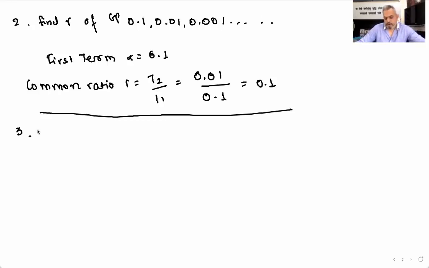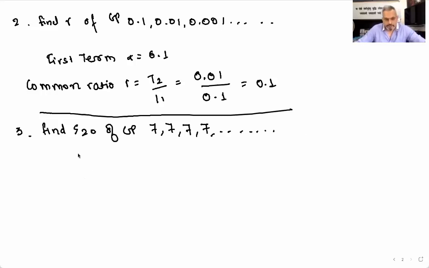Third one. Find the sum of 20 terms of GP. Find sum of 20 terms. So S20 of GP 7, 7, 7, 7, and so on. Now in this, A is equal to 7.